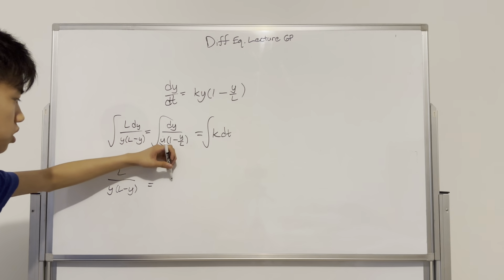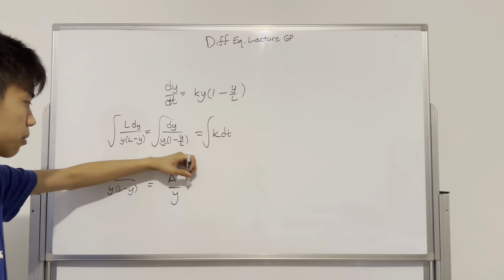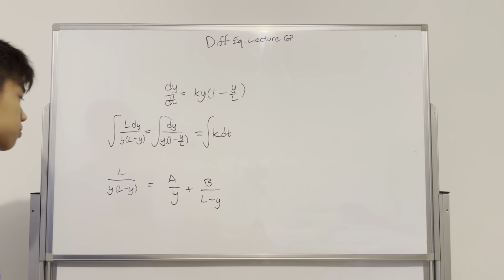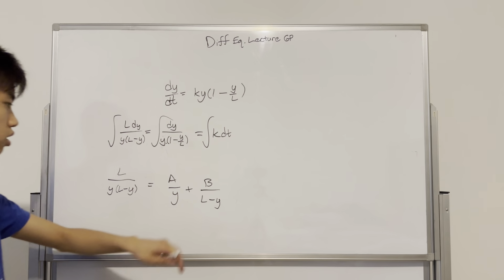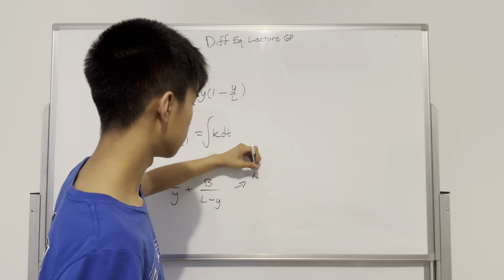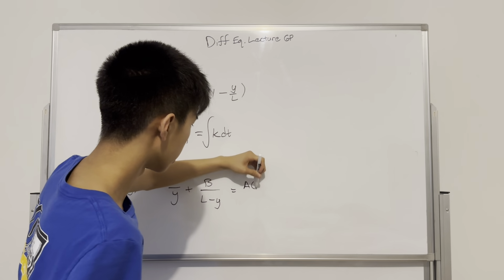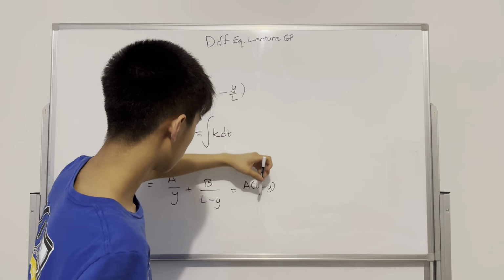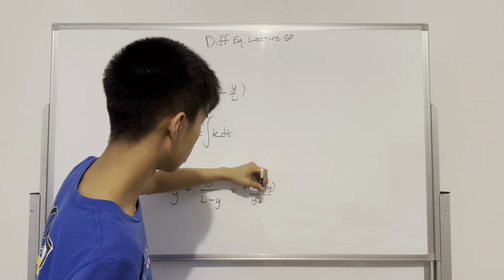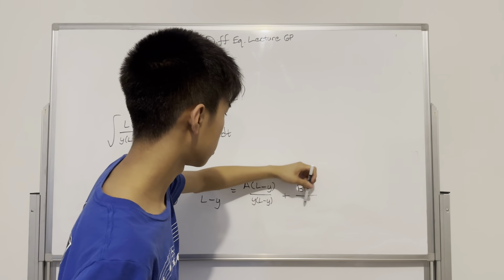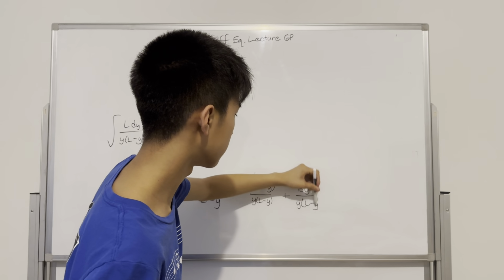So this is the same thing as saying A over y plus B over L minus y, which equals A times (L minus y) over y times (L minus y), plus B times y over y times (L minus y).